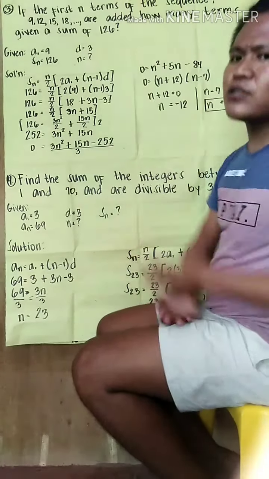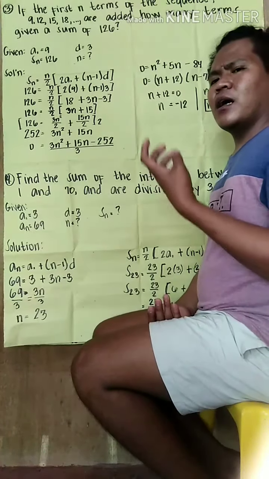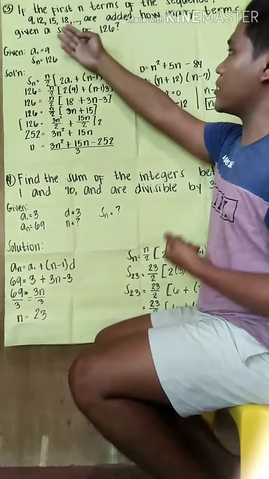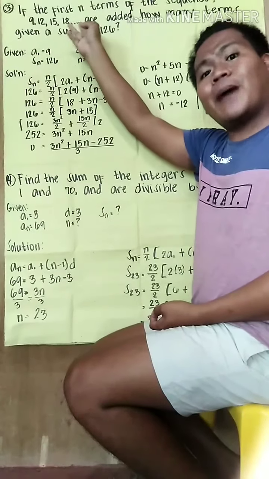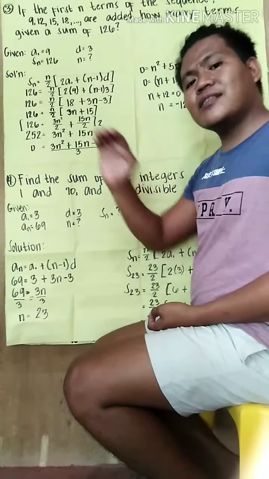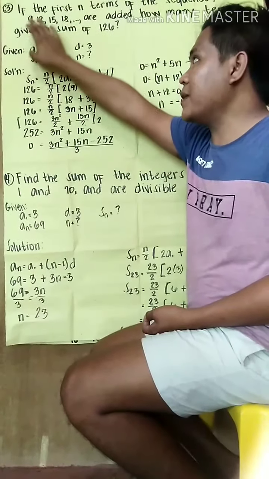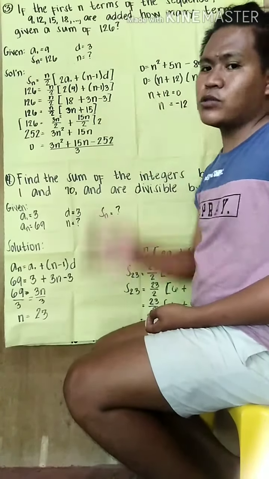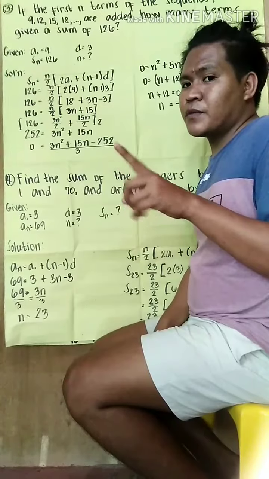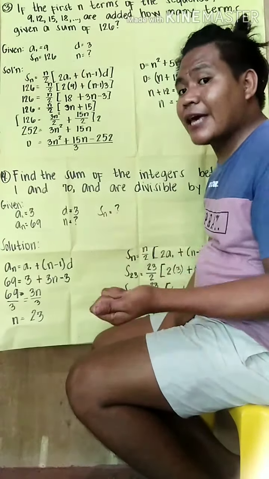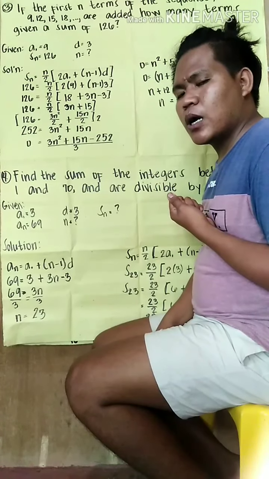And go back to our problem. Since our arithmetic sequence is all positive, it is increasing, right? It is increasing from positive to the highest number, positive also. So therefore, we will get the positive number.